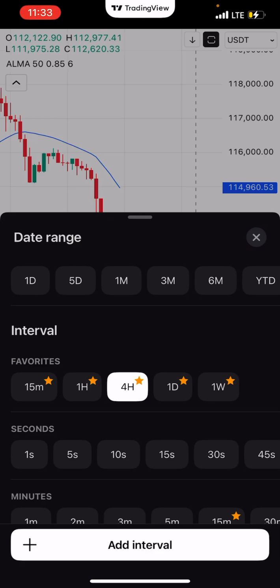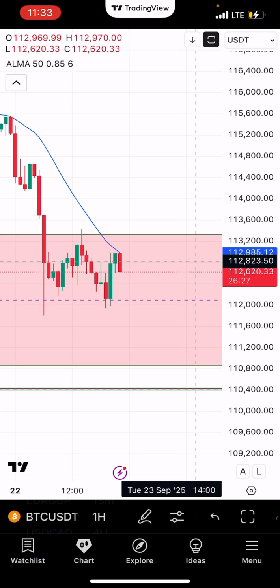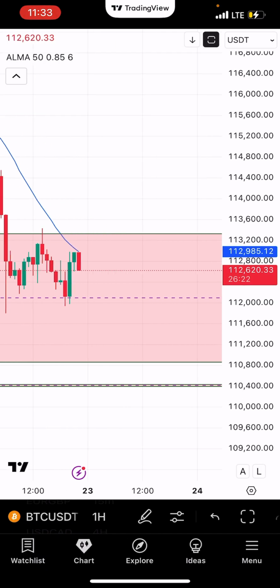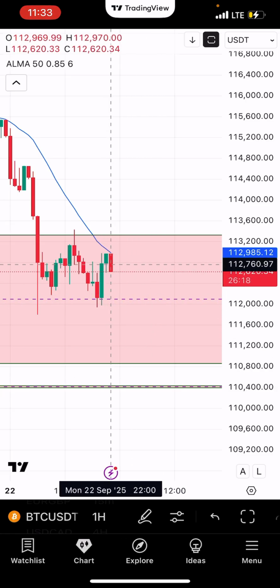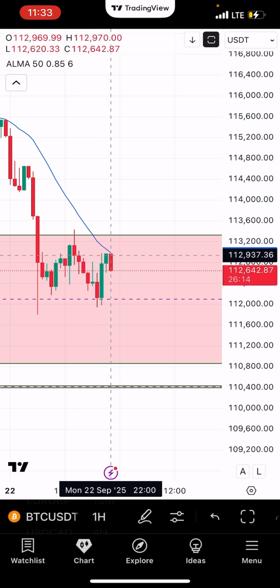In our 1 hour time frame, we are seeing a bullish engulfing candlestick, this green candle covering this red candlestick, up to here.